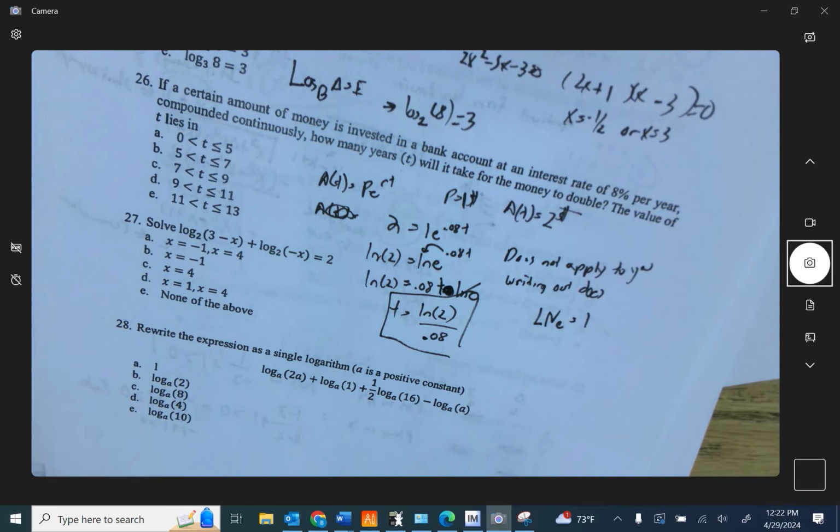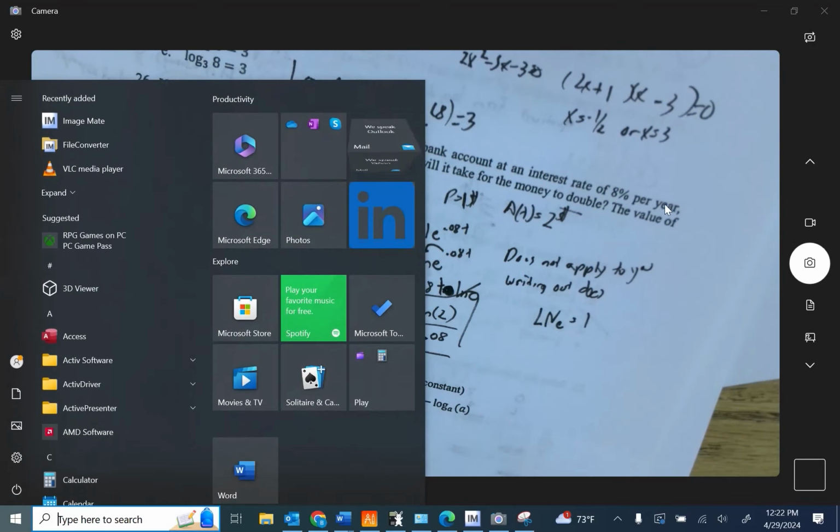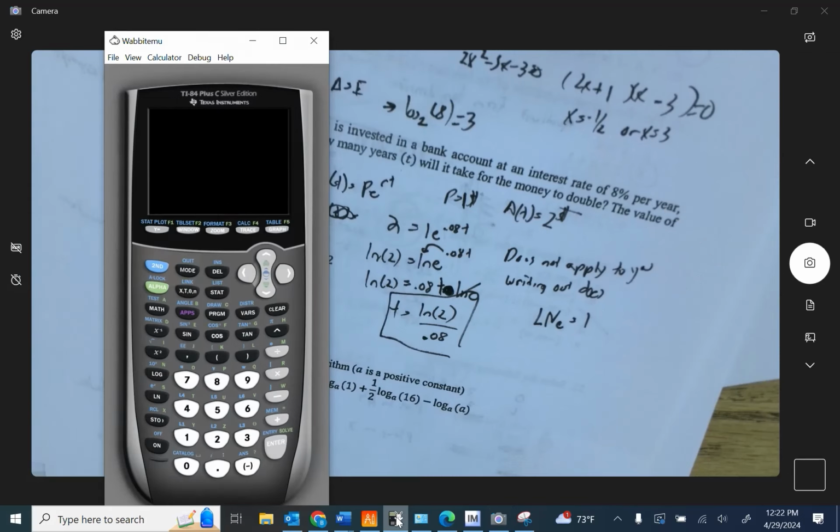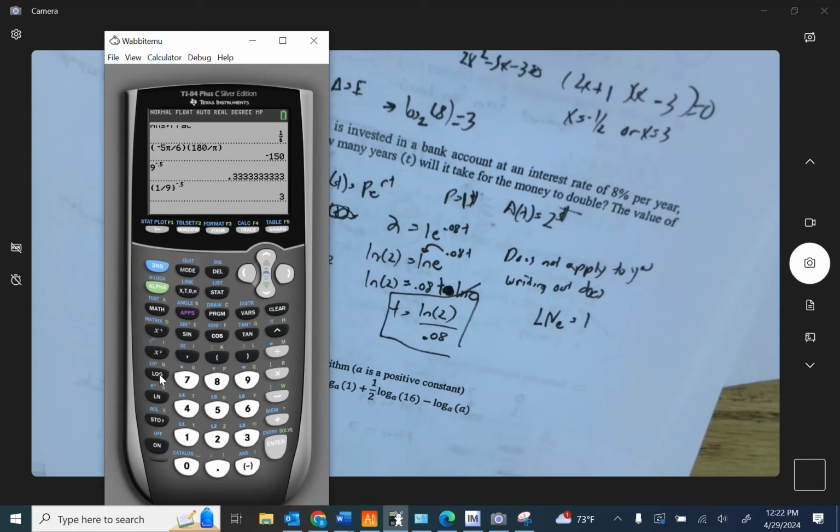You're probably curious what the answer is. I don't know. I'm a little curious. If I was guessing, if I was a betting man, I'd choose either D or E. I'm just not feeling it today. I can't tell you what the natural log of 2 is today with any accuracy.